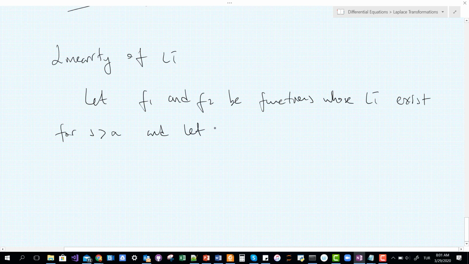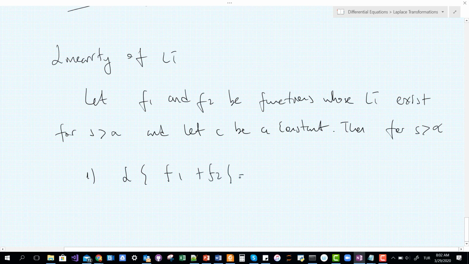And then I have a constant around. Then for s bigger than alpha, Laplace transformation will satisfy these two nice rules, guys. Look at that.